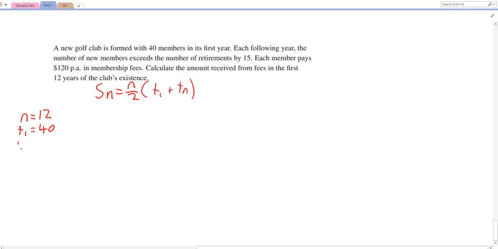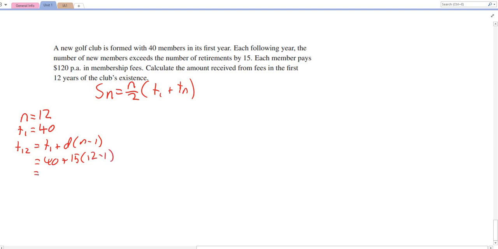So T12. Do I know what T12 is yet? Can we find it out? Yes, T12 is just going to be T1 plus D, n minus 1. T1 is 40. What's the common difference each year? 15. What year are we looking for? 12.